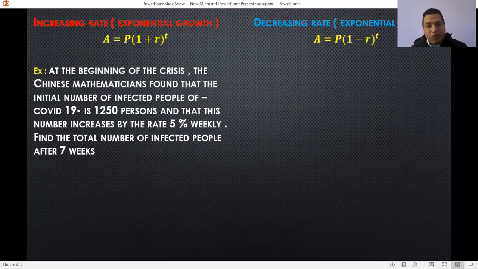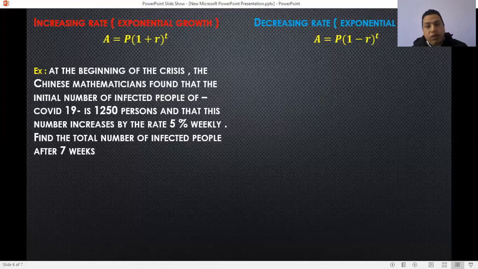At the beginning of the crisis, the Chinese mathematicians found that the initial number of infected people of COVID-19, which is well known as coronavirus, is 1,250 persons, and that this number increases by the rate 5% weekly. Find the total number of infected people after 7 weeks.